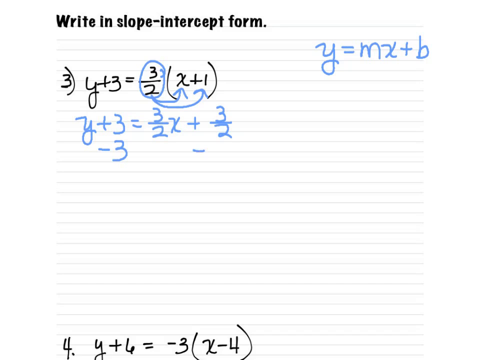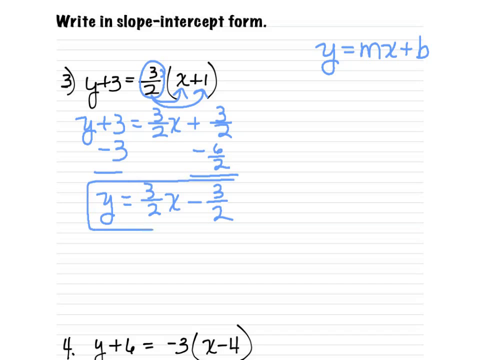So I'm going to subtract 6/2. That's the same as subtracting 3. So y equals 3/2 x minus 3/2 minus 6/2 is negative 3/2. And that is my equation in slope-intercept form.